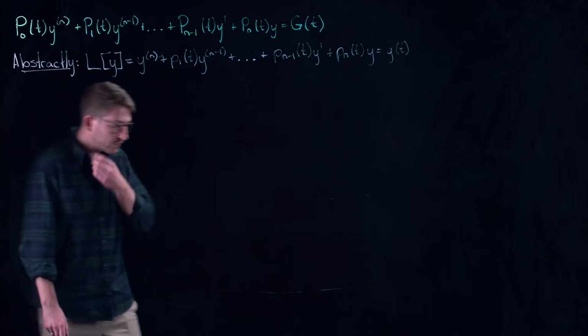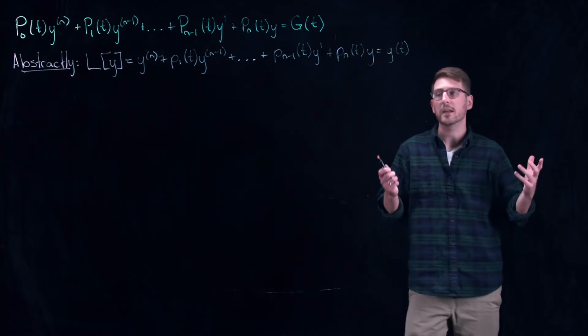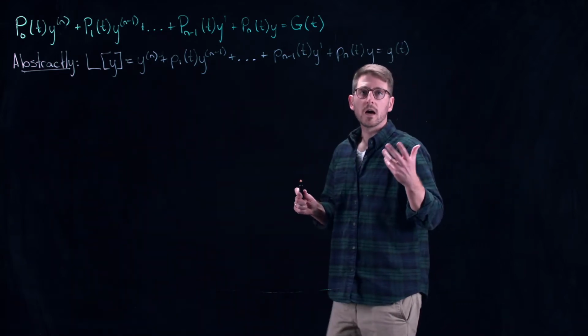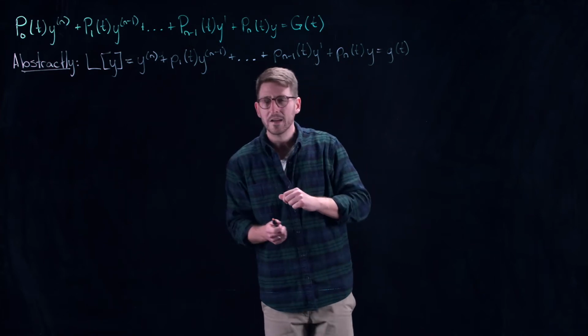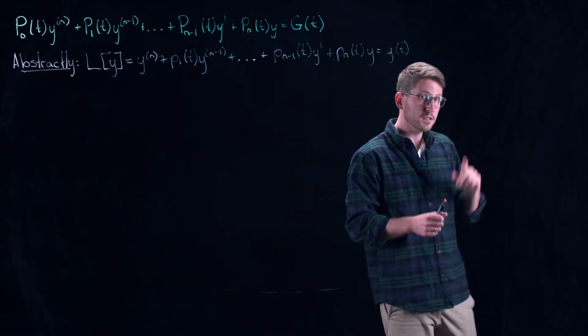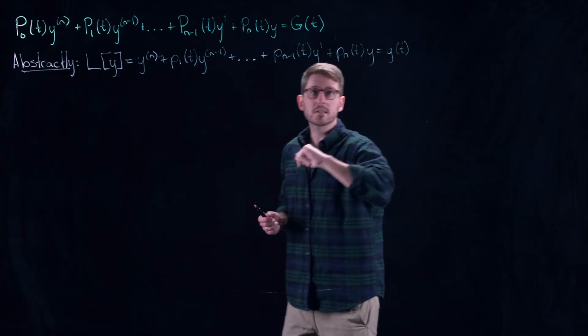Okay, so what I could do for you now is write down a big long theorem that's going to tell you when this thing has solutions. But you can guess it. I am willing to bet that you can guess it, right? Because we've seen it with first order equations. We've seen it with second order equations. What's it going to say?